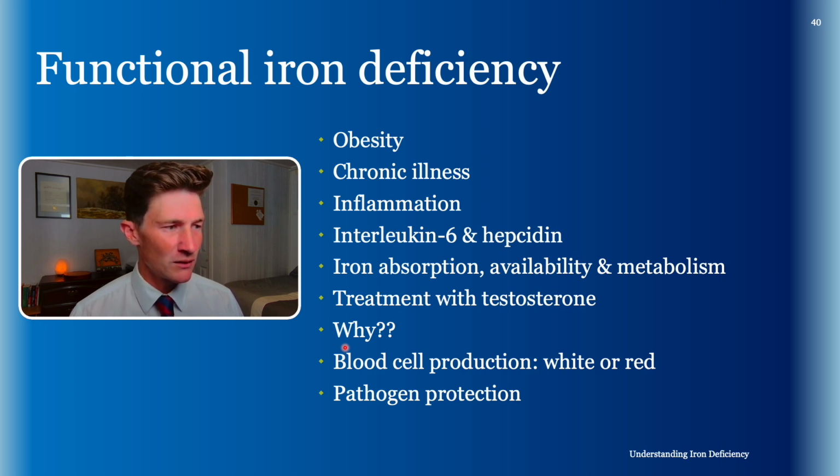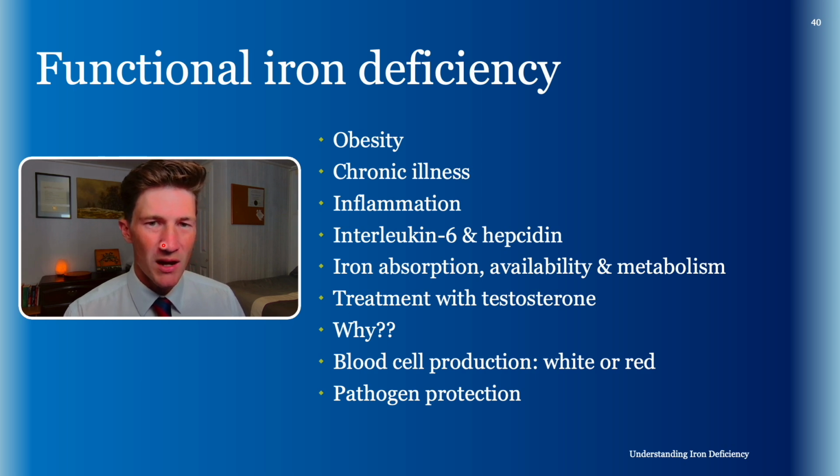And that is the right question we need to be asking. So why that is almost certainly because when you have more inflammation, you need to divert more of your blood cells into white blood cells, and so you have to divert less of them into red blood cells.